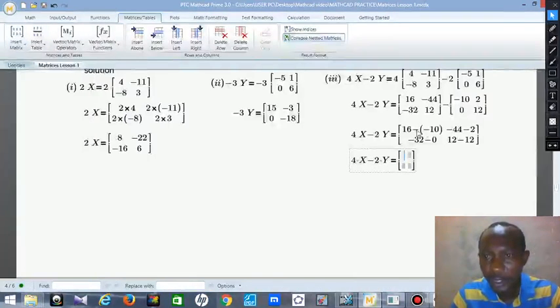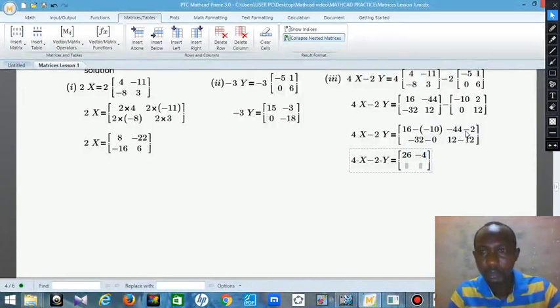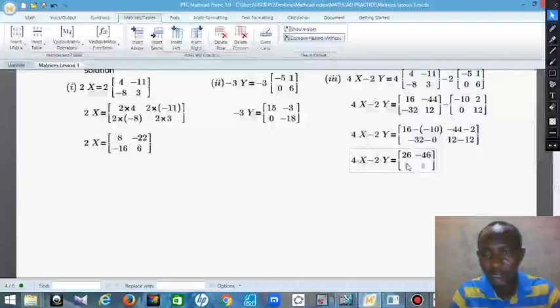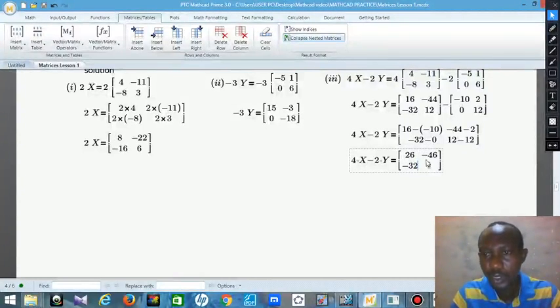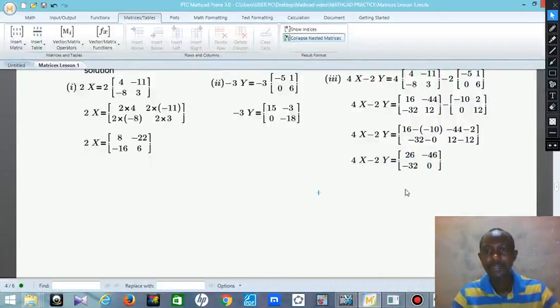So minus times minus here will give us plus, which is 16 plus 10. I'm going to get 26. Then minus 44 minus 2 will give us minus 46. The minus 32 minus 0 will be minus 32. And finally, 12 minus 12 is 0. So this is the answer. So take note of that.